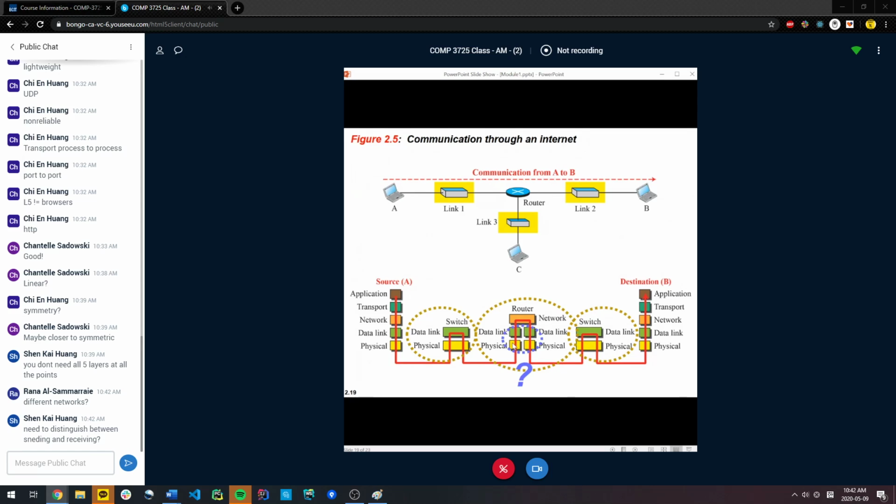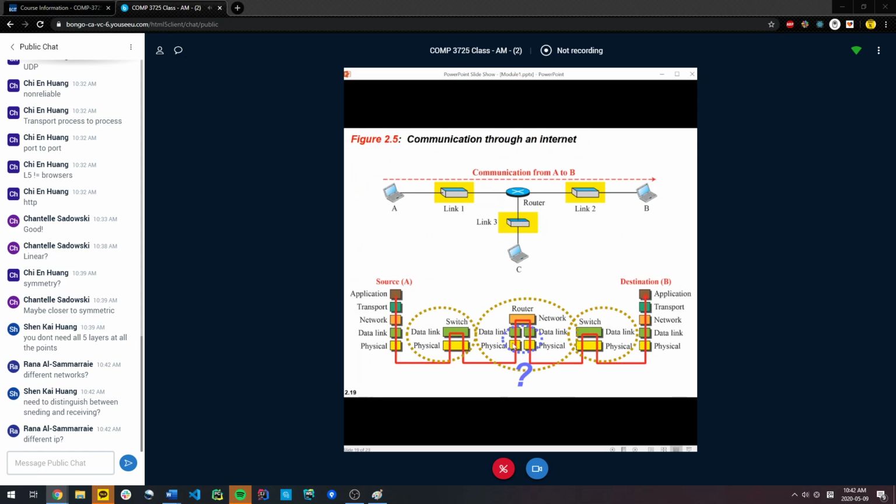So Rana's on the right track, but can you be a little bit more specific than just different networks? No. So you have different MAC IDs. For a switch, you also have different MAC IDs. But you're absolutely right, it could be different networks. But why is it that a different network will require us to maybe have a different physical and data link layer?